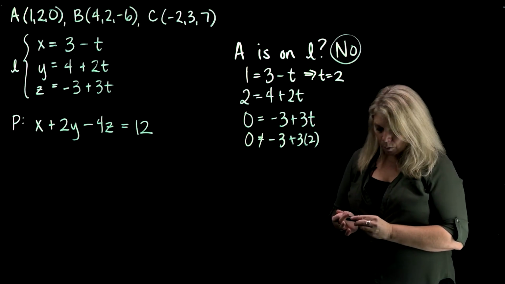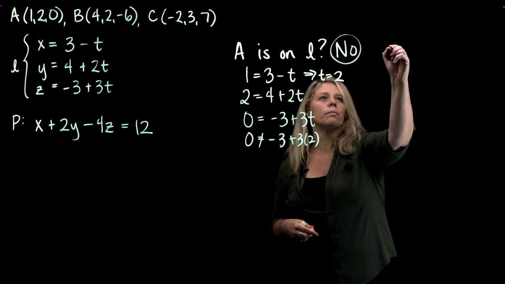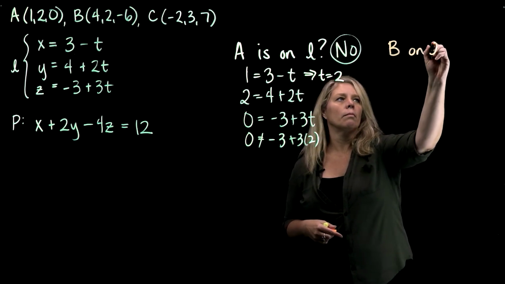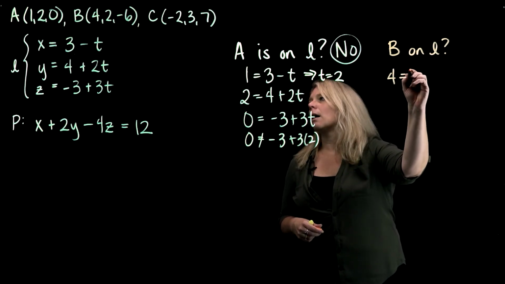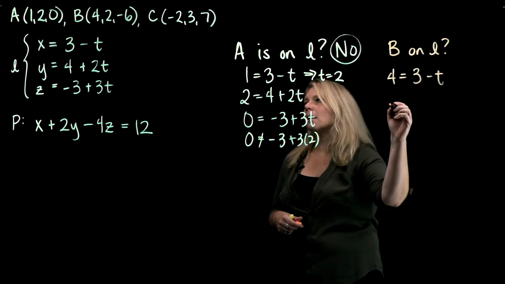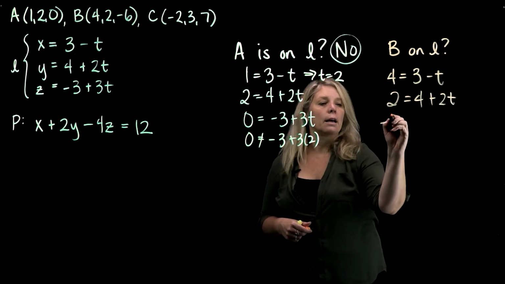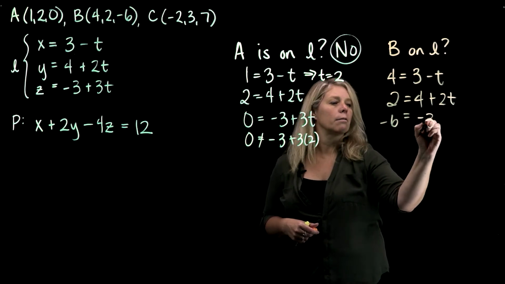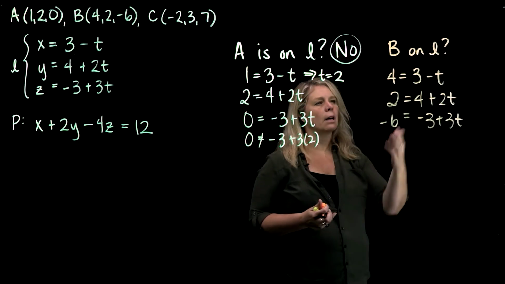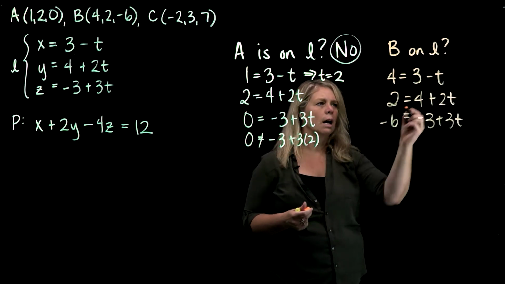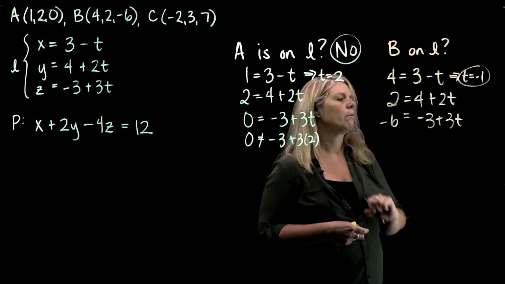All right, we can check to see if point B is on line L. Same way, so 4 equals 3 minus t, 2 equals 4 plus 2t, and -6 equals -3 plus 3t. All right, and if you look at this system of equations, if you solve this first equation, it looks like we'll get t equals -1 from that first equation.